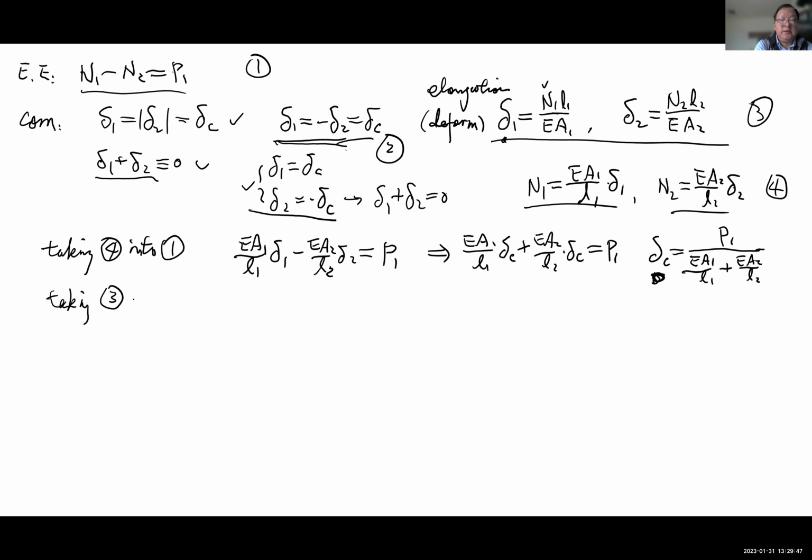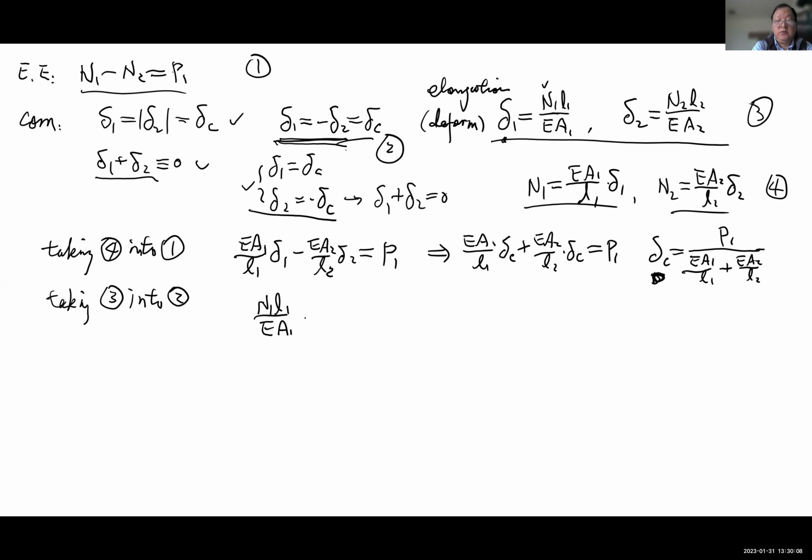Taking equation 3 into number 2, what do I get? I know this is equal to negative, so what I have is N1, L1, EA1, and that's delta 1.